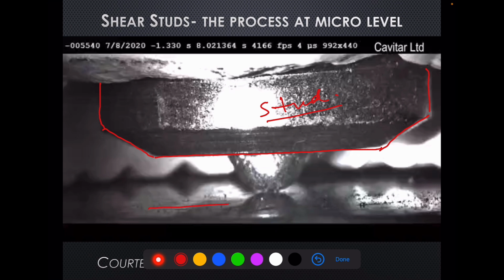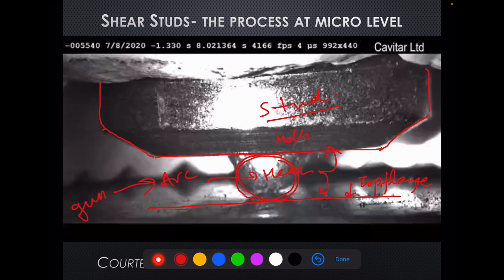And this is our top flange, you can say, between which the welding is to be done between these two surfaces. So what happens in this portion? Arc action is getting created through the shear stud gun. Okay, this gun produces arc. This arc produces heat, and this heat starts melting these two surfaces.